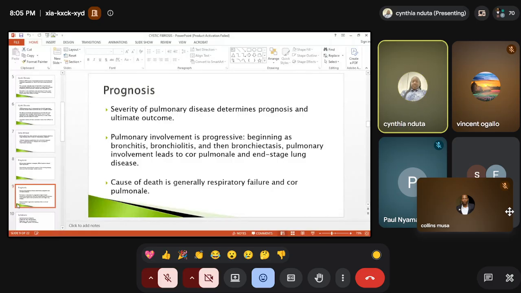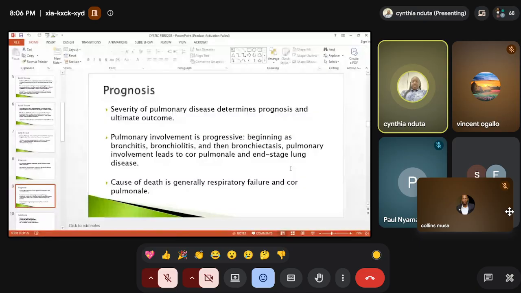Remember, this pulmonary involvement might include bronchitis, bronchiolitis, then finally bronchiectasis, and may even lead to right sided heart failure and end stage lung disease. So entirely, we are dealing with respiratory failure.